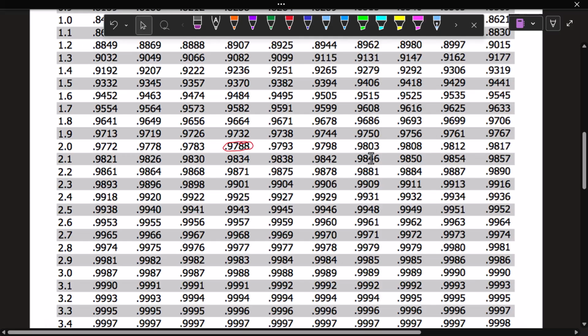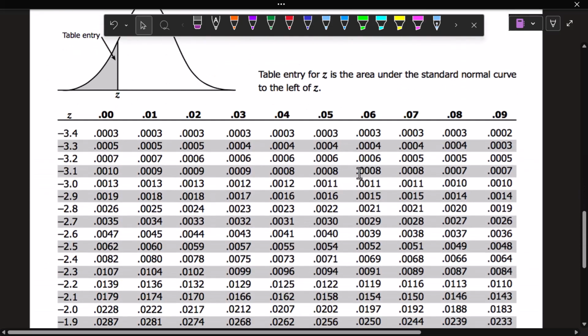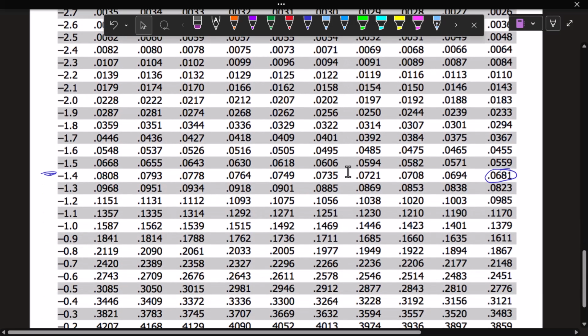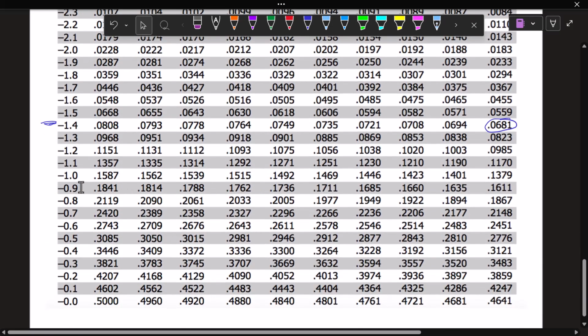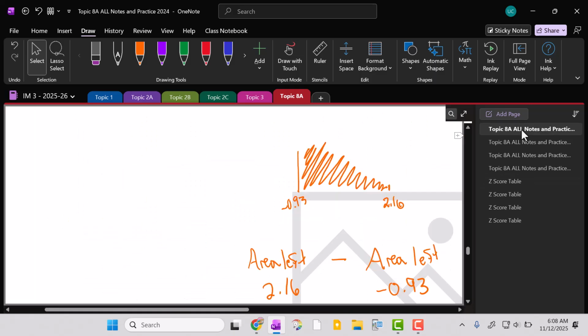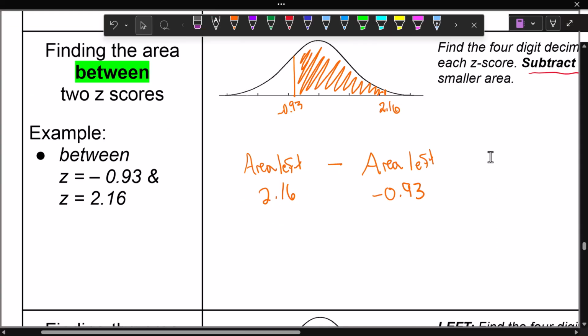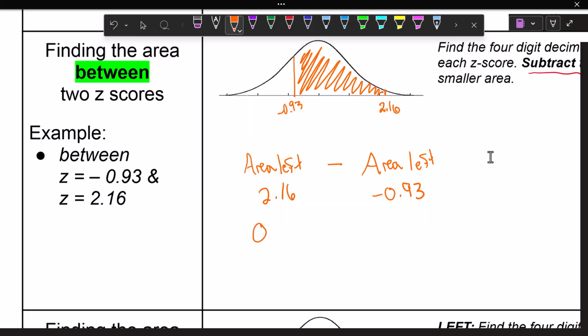Then the other one for negative 0.93, we have to go to the other side of the paper. 0.9, 0.00, 01, 02, 03. So it's 0.1762. So again, the area to the left of 2.16 was 0.9846.